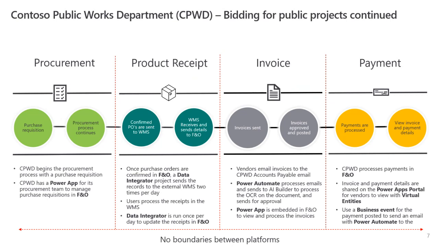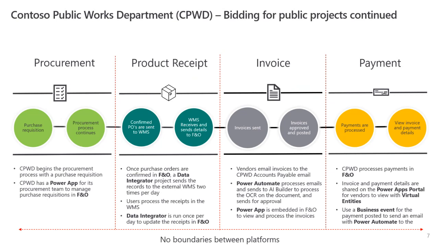I'll be sharing a short video of this when we get to that point in the demo, and we'll be diving into this piece of the scenario in more detail in a later part of my series when we do the AI Builder.